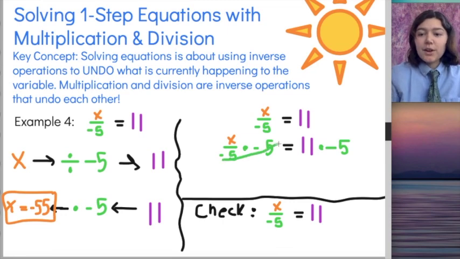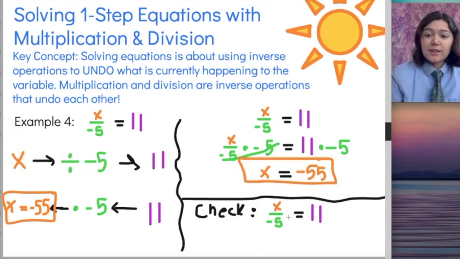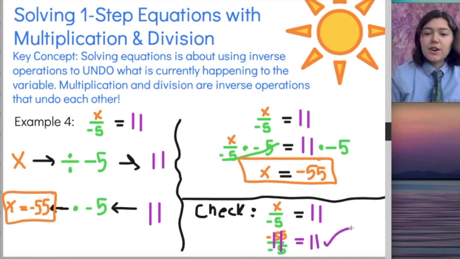Those are going to cancel away to 1. Then I would just get 1x or x. And on my right-hand side, I get 11 times negative 5, which is negative 55. So that's my answer. We can quickly check our work. Okay, is negative 55 divided by negative 5 equal to 11? Yes. So we are correct.